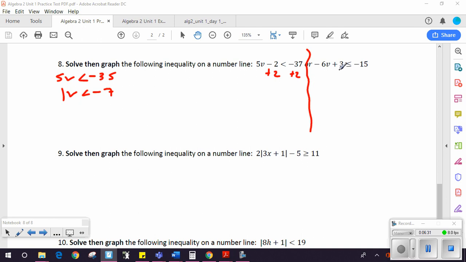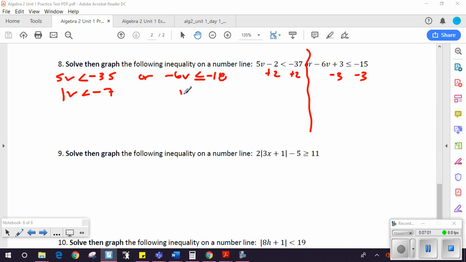On the other side, I would have to subtract 3 first. So I would have negative 6v is less than or equal to negative 18. Notice I carried down the or in between, so can't forget that. Now I divide by negative 6.